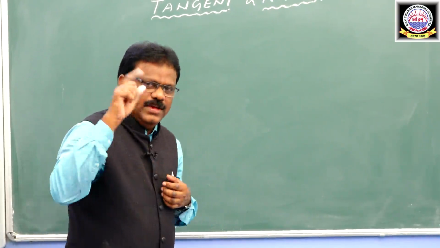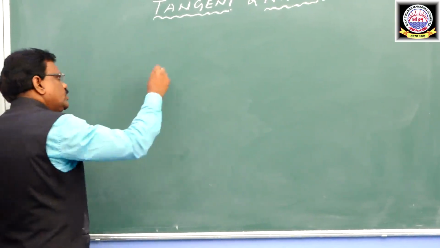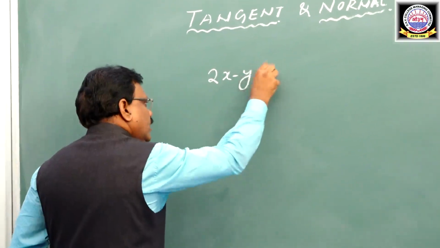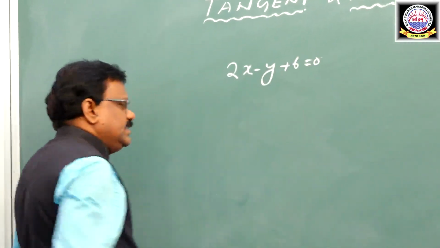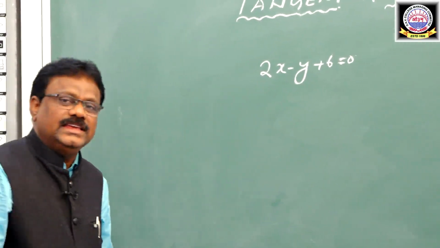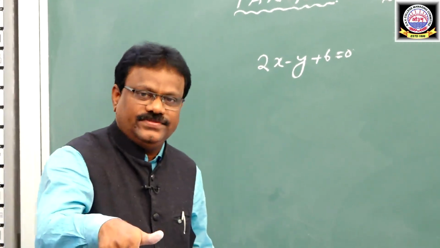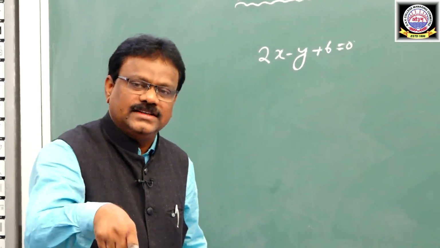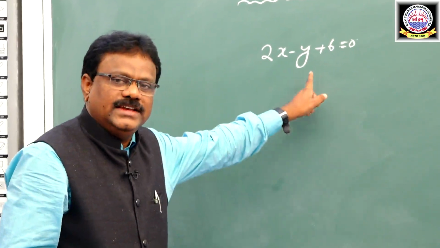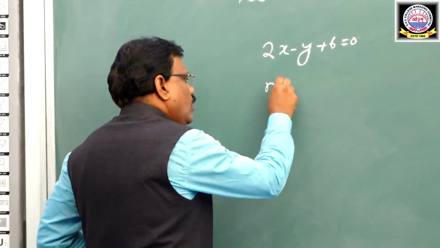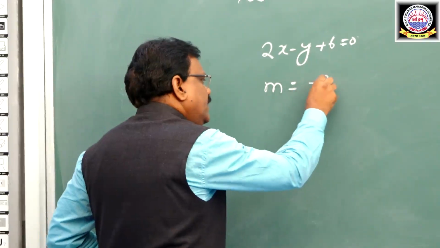See, I am giving one example. Suppose the line 2x minus y plus 6 is equal to 0. It is a line, and the tangent of the line is the line itself. So the slope of the tangent is the slope of the line itself, and the slope of the line you know is minus a by b.